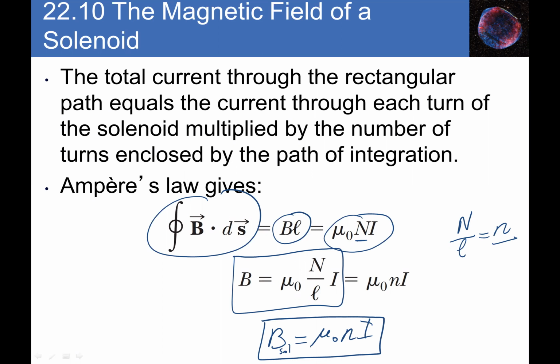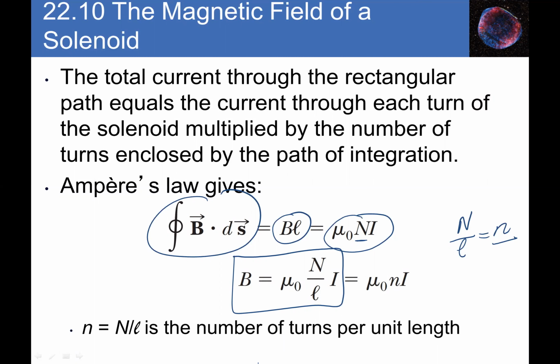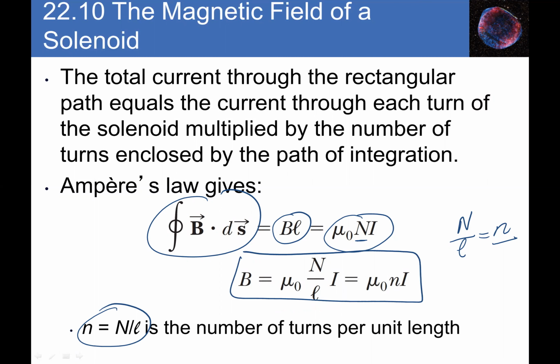We always only consider the inside of the solenoid, because outside of the solenoid we always assume the magnetic field is negligible. The number of turns per length can be replaced either way. You can leave either the first or the second version, depending on what you're given. Either version is okay.